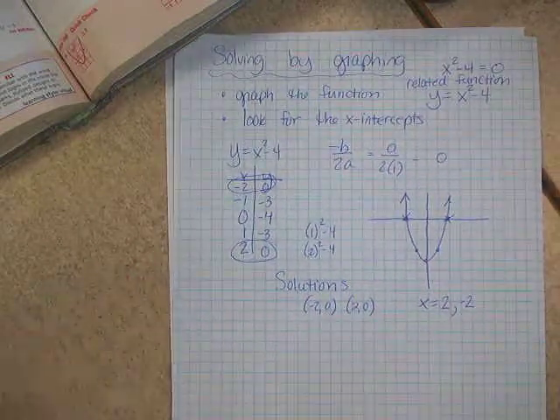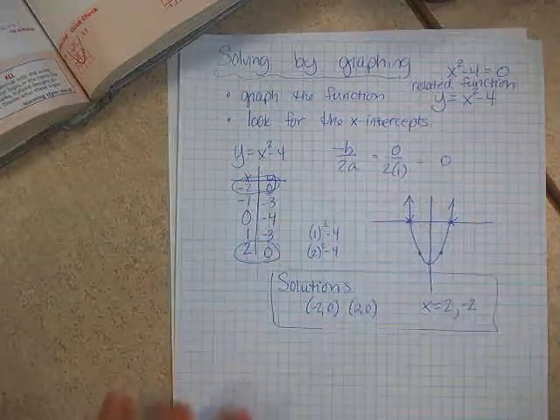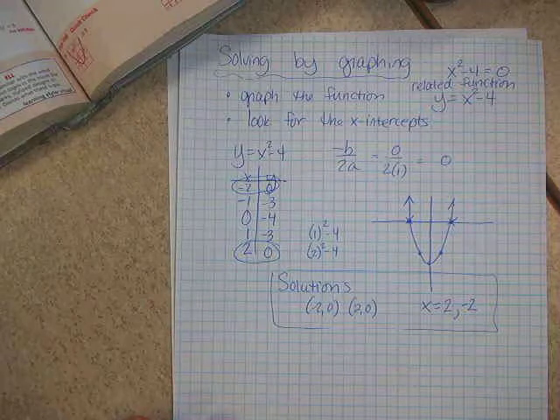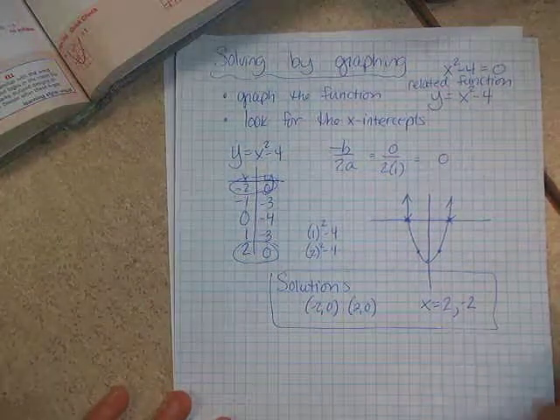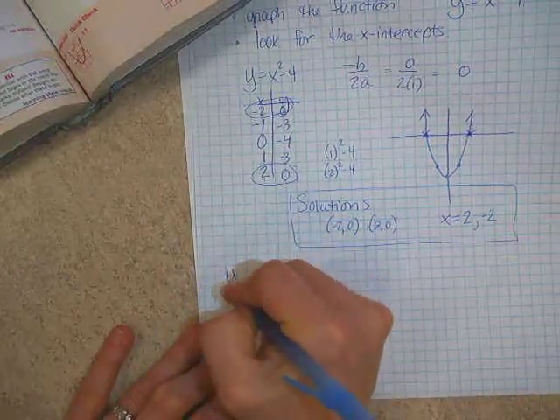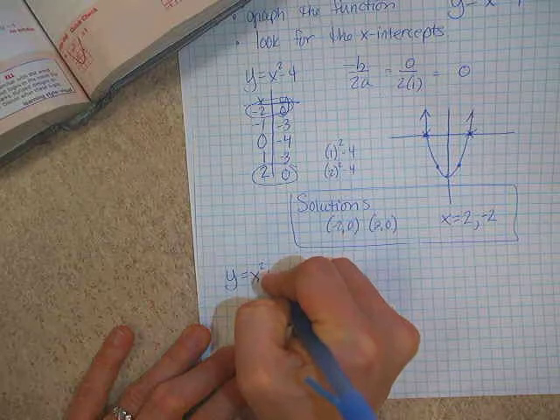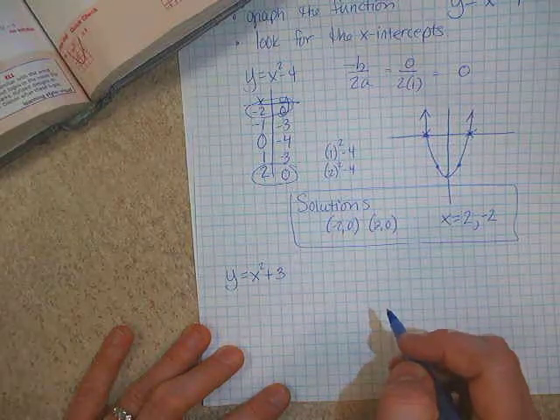And sometimes we get the solutions in the form that would not be an ordered pair. So sometimes you'll see them x equals 2 and -2. Because the solutions are at y equals 0 anyways, okay? So that's kind of what we're looking for.